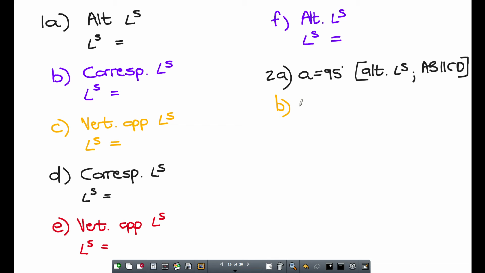Okay. So B, no, hold on. Wait for it. B will be equal to 100 degrees because also we saw Z, so alternate angles. AB parallel to CD. We're at B. Yes, ma'am.